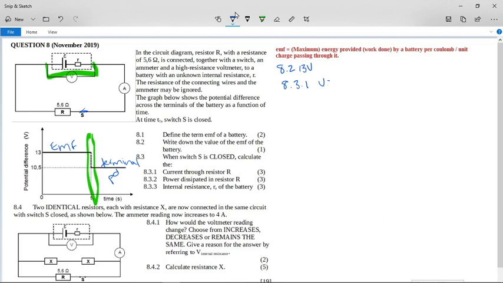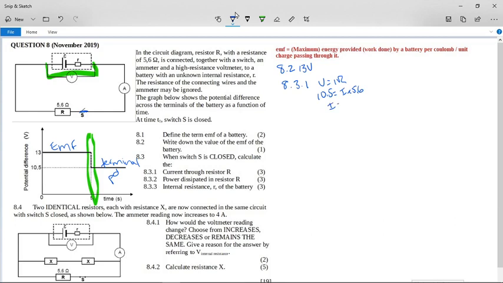So we're going to use V equals IR, or R equals V over I. And I'm going to put the voltage is now only 10.5 volts because of the internal resistance of the battery, equals the current, which is I, times the resistance, which is 5.6 ohms.